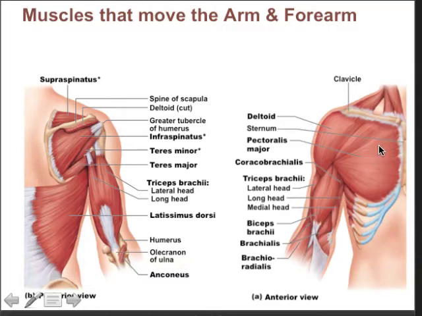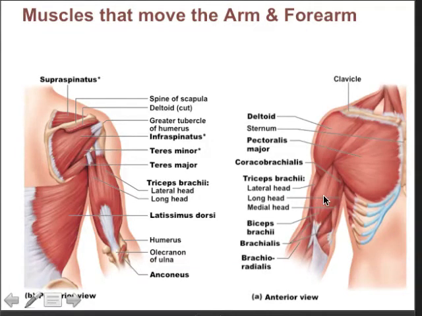Very powerful muscle. There is another muscle underneath it called the pectoralis minor that also assists in some of these functions. And while we're looking at this region, the shoulder and the arm, notice a few other muscles here that have names indicating their location. You can see the biceps brachii here, and underneath it the brachialis.